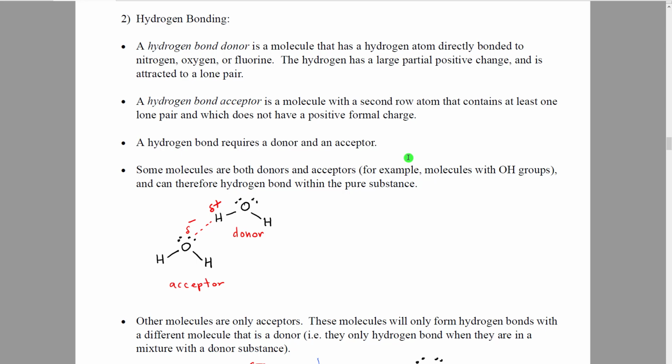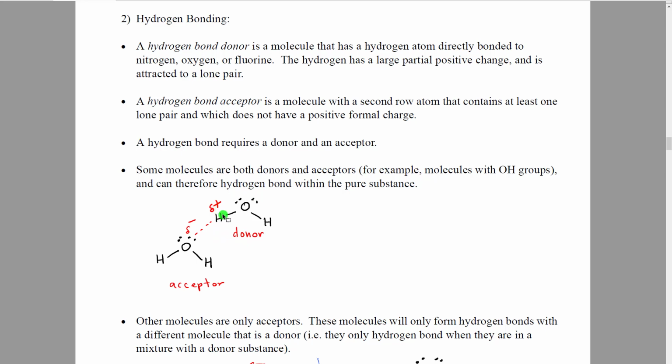When molecules are both donors and acceptors, then the pure substance itself has hydrogen bonding in it, and we're going to see in lab that this has a dramatic effect on the physical properties of that pure substance. So I've drawn a picture here of how the hydrogen bonding might work between water molecules, where we have one water molecule.